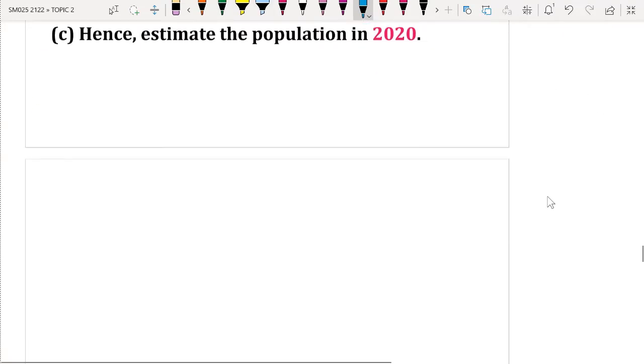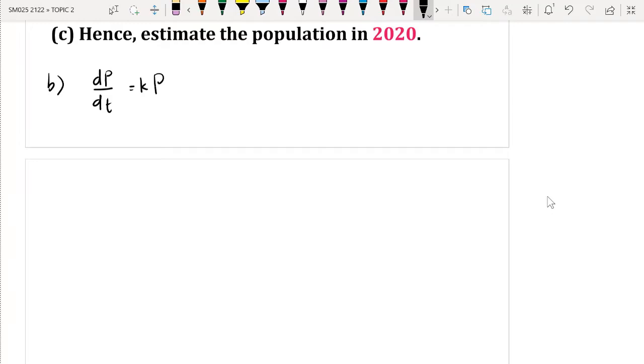Before we find P, we must start with our general differential equation from part A. So we have dP over dt equals kP. Remember, k is just a constant. From this differential equation, we want to find P, so we can use the separable variable method. Just separate the variables.